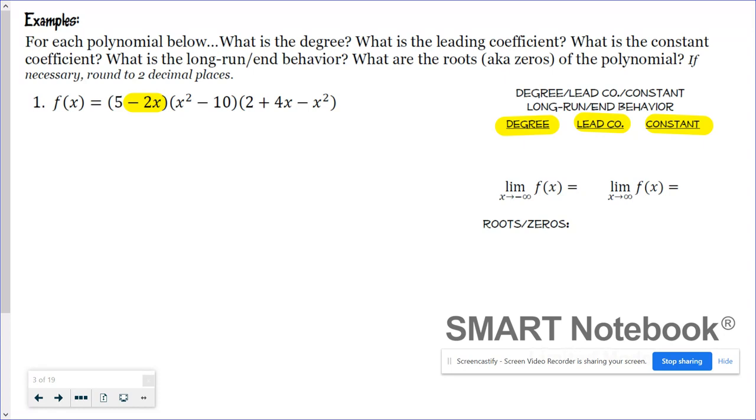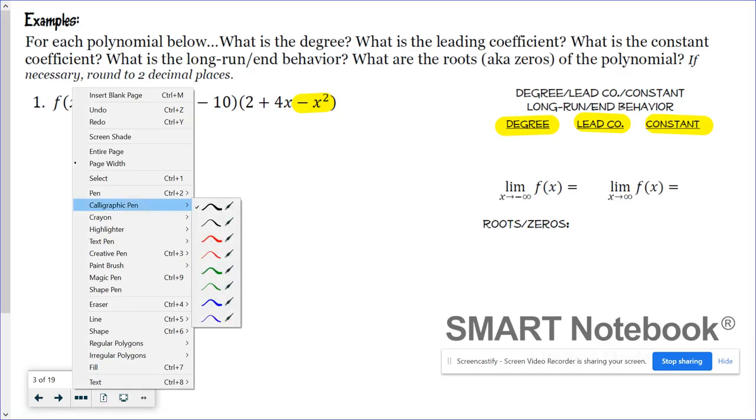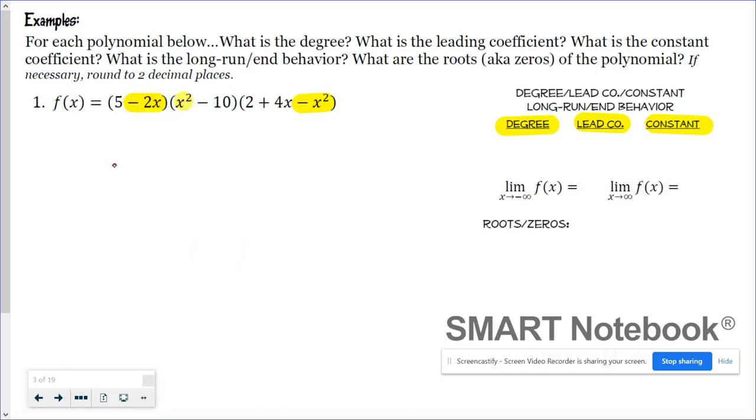The next factor has a leading term of x squared. And the last factor, 2 plus 4x minus x squared, has a leading term of negative x squared. So one thing that's a little misleading is when we hear leading term, we think it has to be the one out in front, and that's not the case. It's the one that has the highest degree.